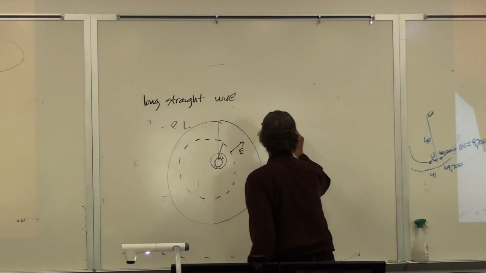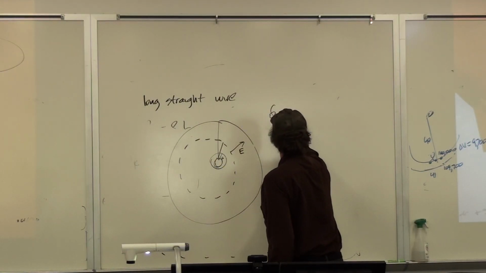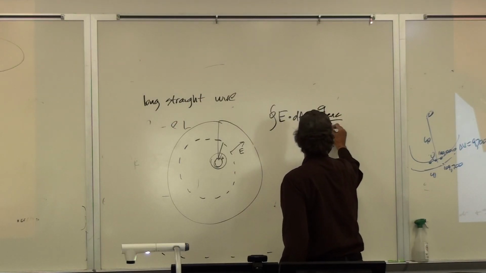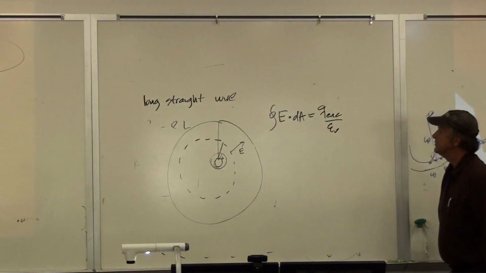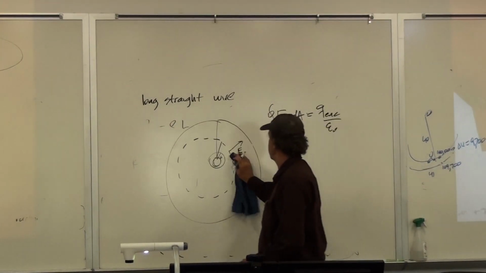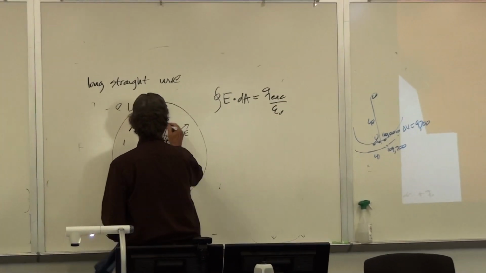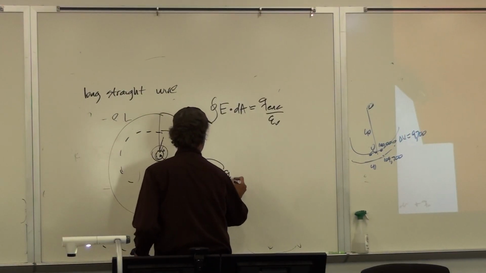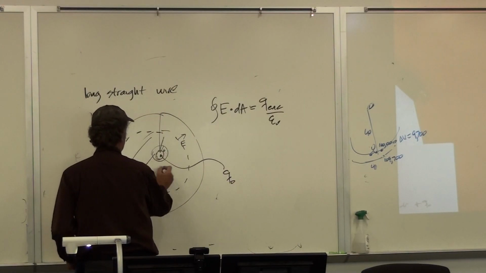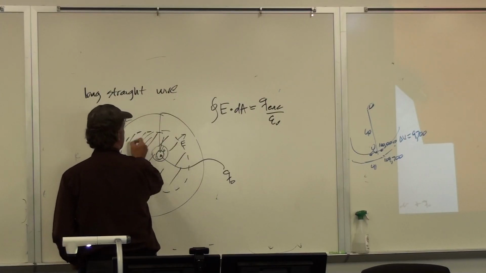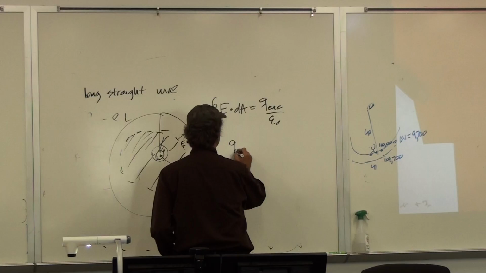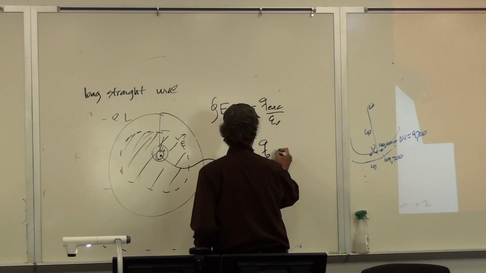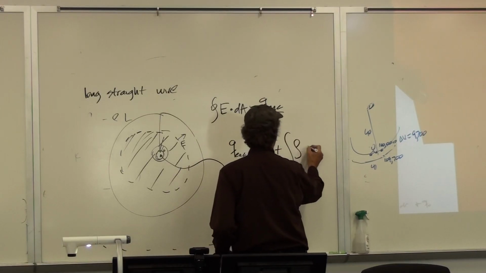Now the way to do that is, we know that the integral of E dot dA is equal to Q enclosed over epsilon naught. Okay, so the charge that we enclose then is going to be the central charge, I'll call Q naught here, and the charge that is from A to R. Okay, so Q enclosed is going to equal Q naught, that's the center charge, plus the integral of rho d volume.